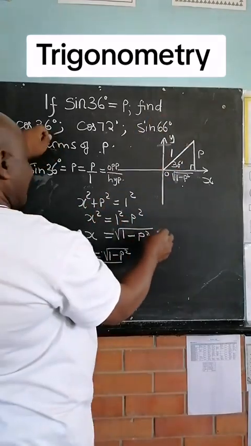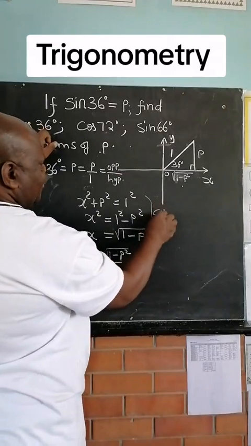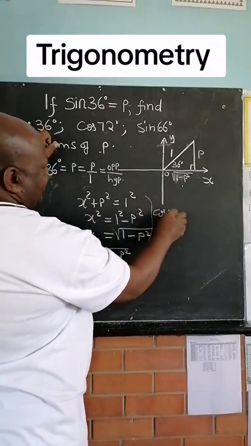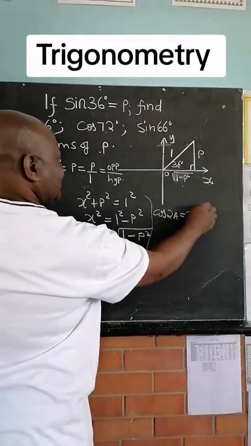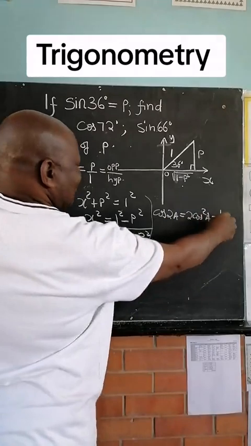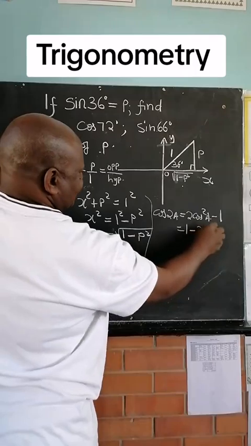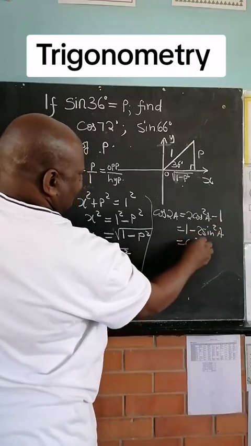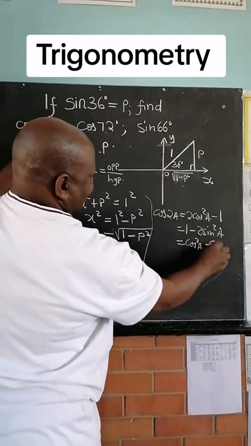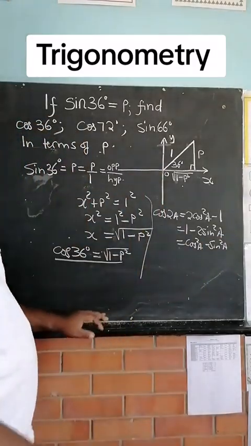So remember, double angles, cos 2a is equal to 2 cos squared a minus 1, or 1 minus 2 sine squared a, or cos squared a minus sine squared a. All these things will be given in your formula sheet.